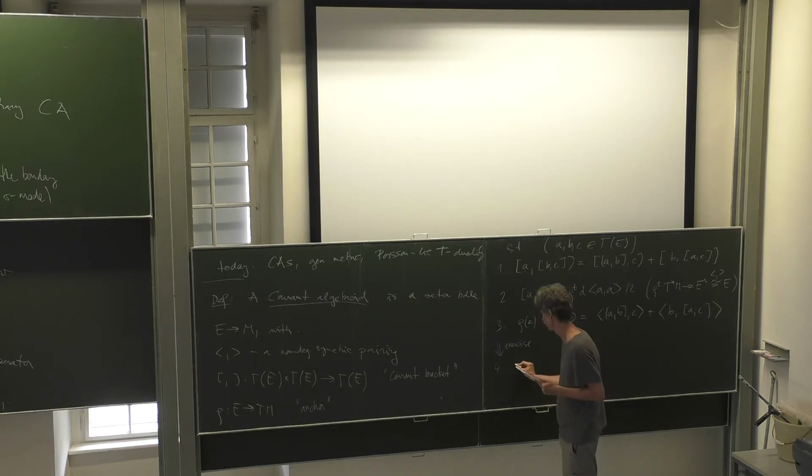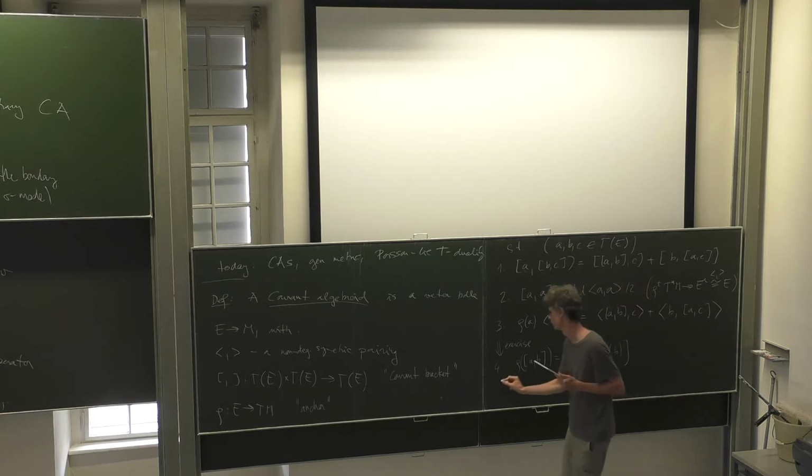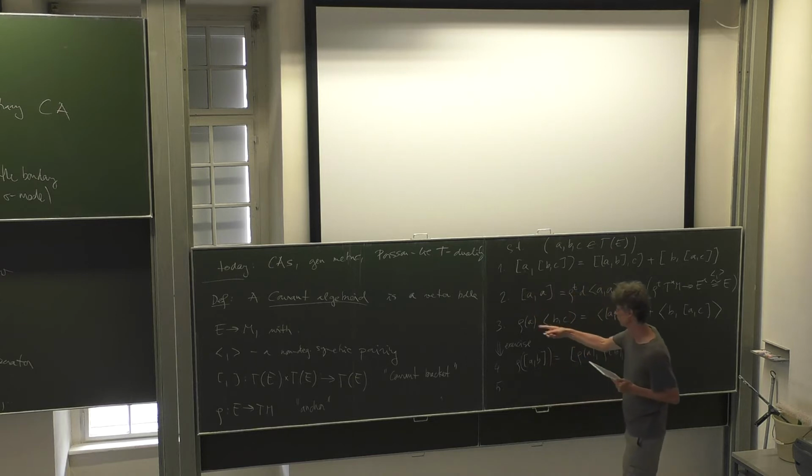One thing is that if you take rho of the Courant bracket, then we'll get just the Lie bracket of the rho's. And fifth, that we have this kind of derivation property also for multiplying by a function.